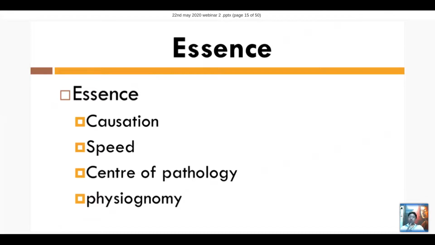Now there are two things we have to take care of in this condition. If the patient has a center of pathology in the GIT, and we are considering pulsatilla, which has a very strong affinity for the GIT, then we must have keynotes of pulsatilla in the GIT systems. Keynotes can be desires, aversions or pain, or anything associated with the GIT, and they must be there in the case.